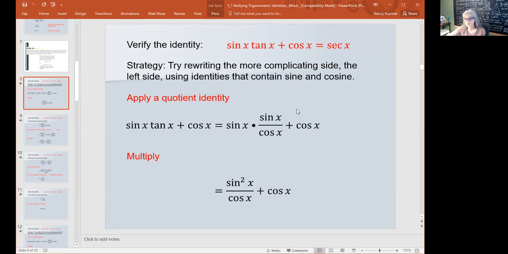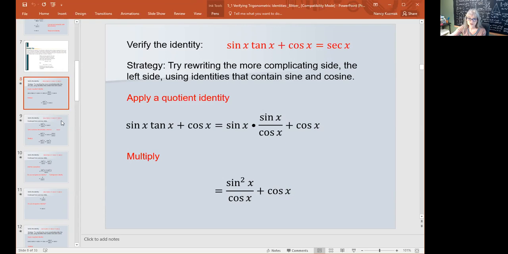What's fun about that is we are now able to get a multiplication of sine x sine x over cosine x. So at least now I'm only dealing with two different things. And what's interesting is that I may be able to make common denominators between that.